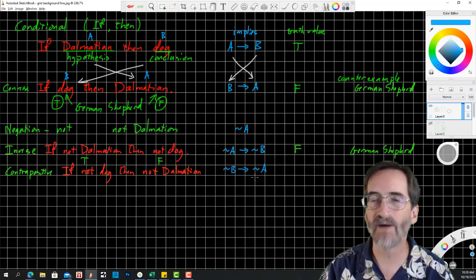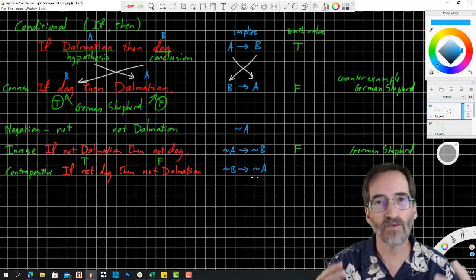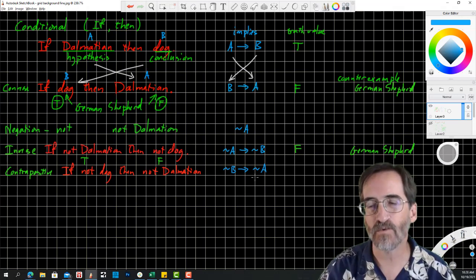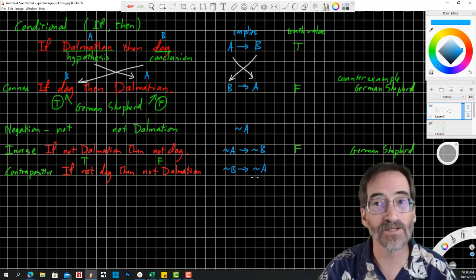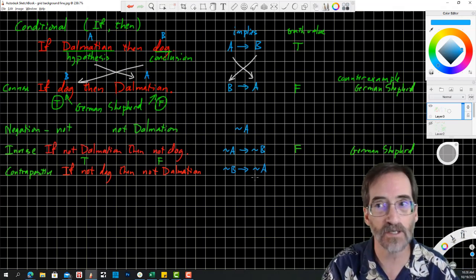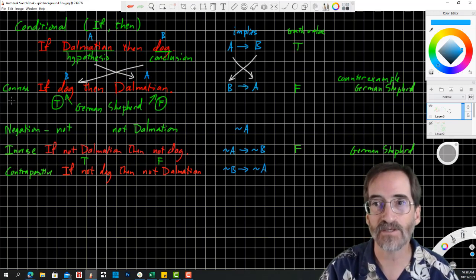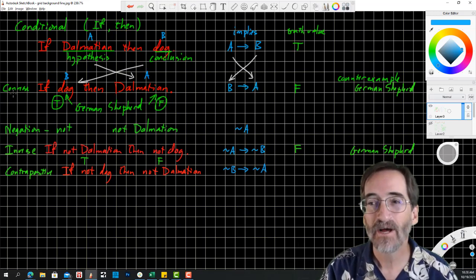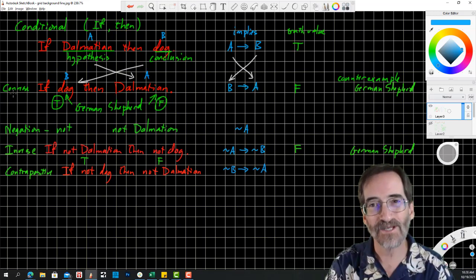You notice what's happened. We've negated both the hypothesis and conclusion, and we've switched the arguments. We've kind of combined both the inverse and the converse into one statement. You might say it is the inverse of the converse, or it is the converse of the inverse. Okay? Switch and negate.